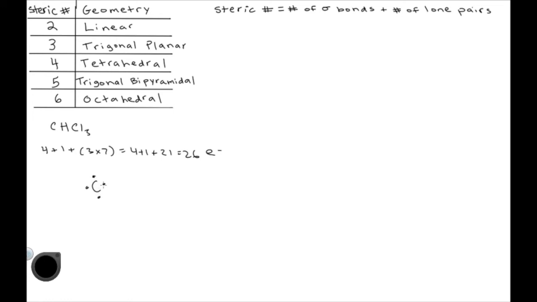And then we connect our hydrogen atom and our chlorine atoms to the carbon using covalent bonds. So now let's go ahead and connect each of our 4 atoms to the carbon. Here's our other chlorine. Here's another chlorine. And then finally here's 1 more chlorine.